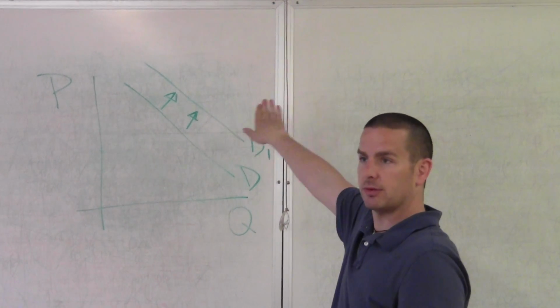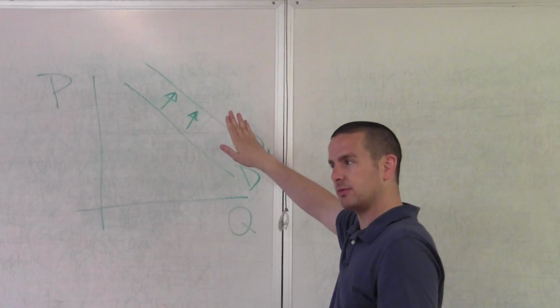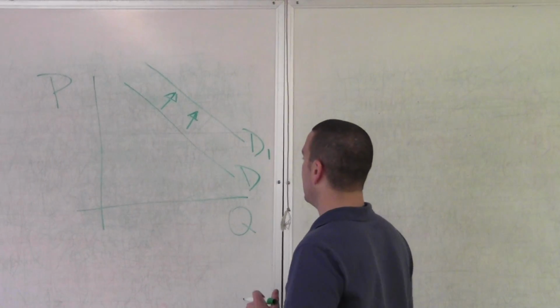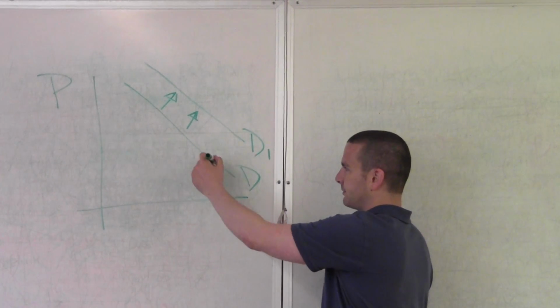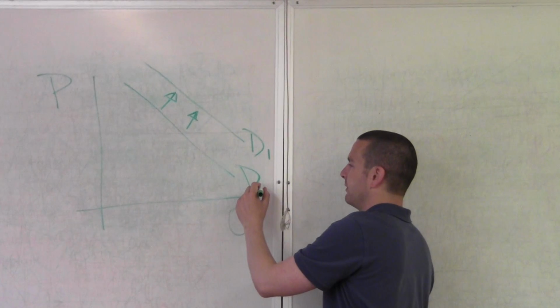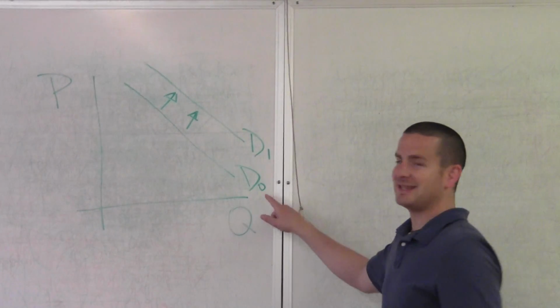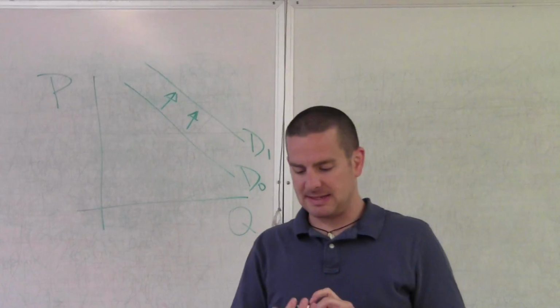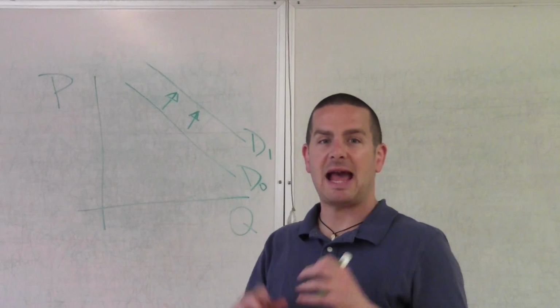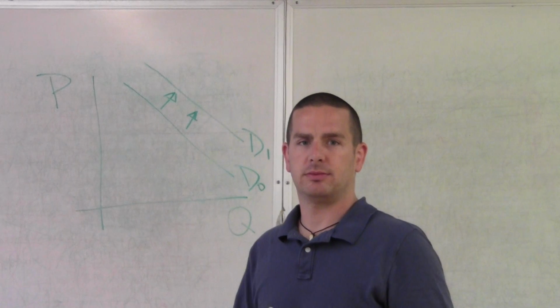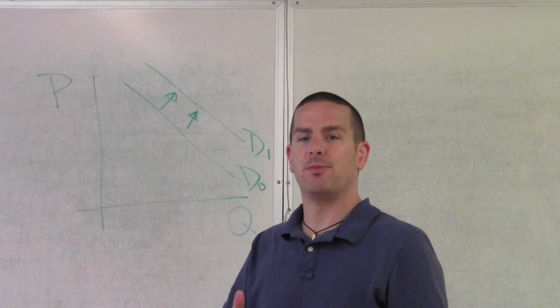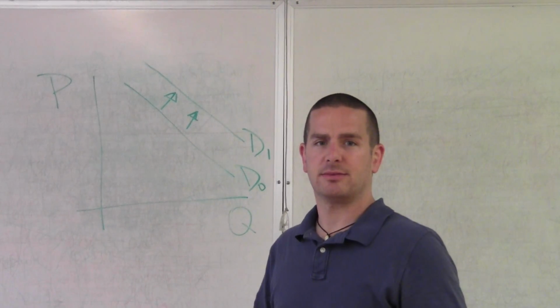Then we label it, our original demand curve is D0. Okay? The original one is D0. What that means is it is demand at time 0. Okay? Time 0 being our initial demand.